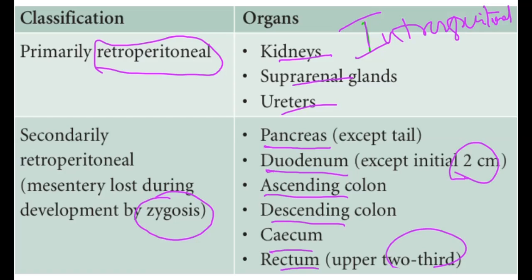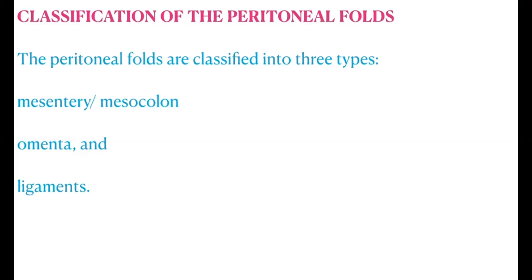And coming to the peritoneum, it is arranged in a different manner, especially the visceral peritoneum. So they are classified, because of the appearance or whatever it may be, they were named, right? They are classified like mesentery or mesocolon, mesentery, omenta, and ligaments.